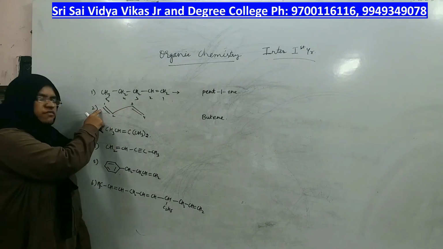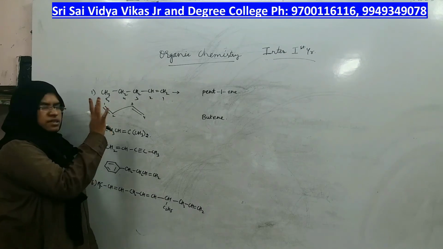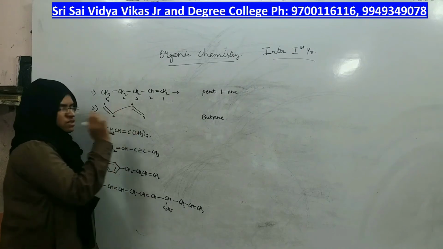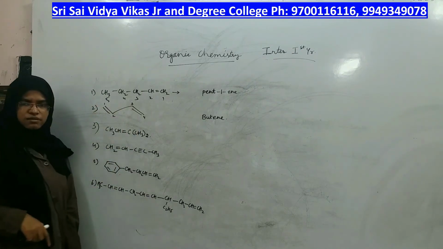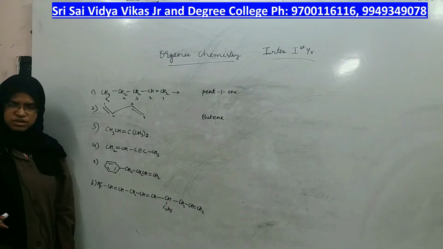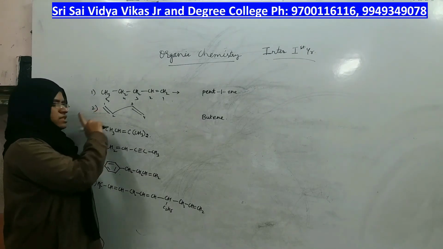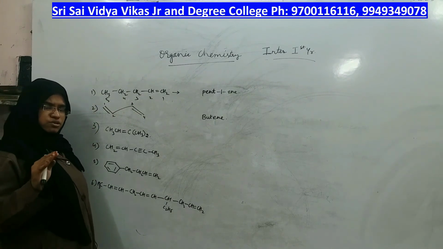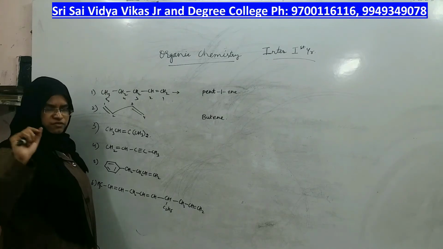First carbon, when I say, you should not write first and second there is a double bond, and you should not even write third and fourth there is a double bond. If I say that there is a double bond at first carbon, it is understood, it is by default that first carbon can have a double bond with second carbon only. No need to mention that between first and second there is a bond, between 3 and 4 there is a bond.